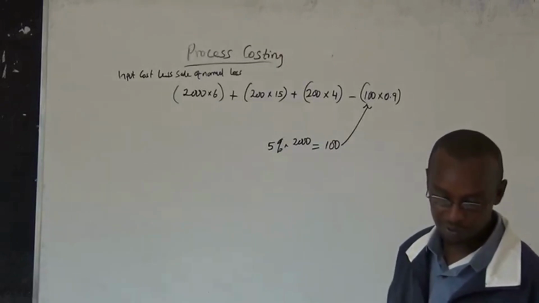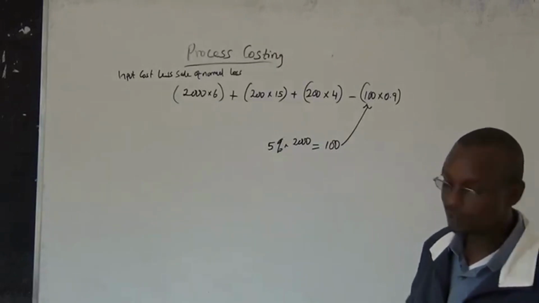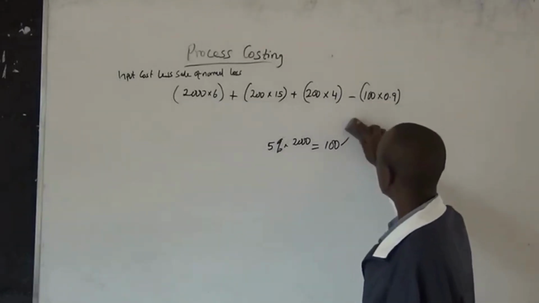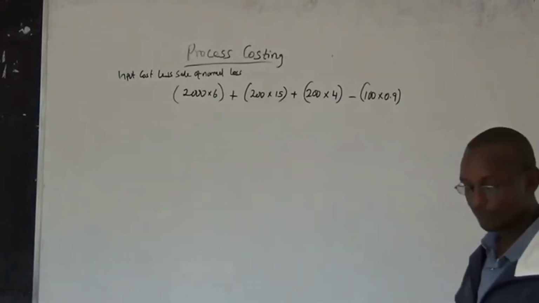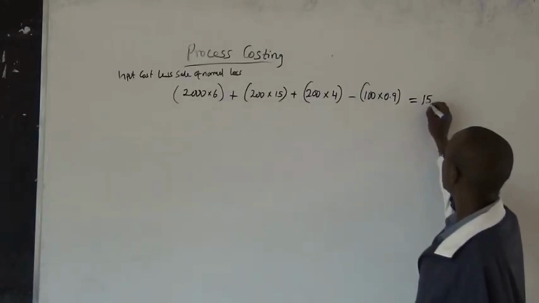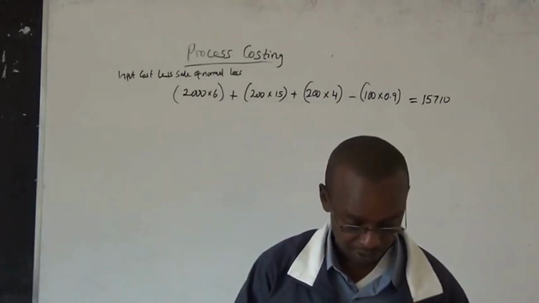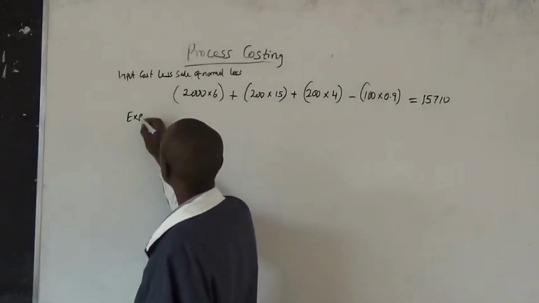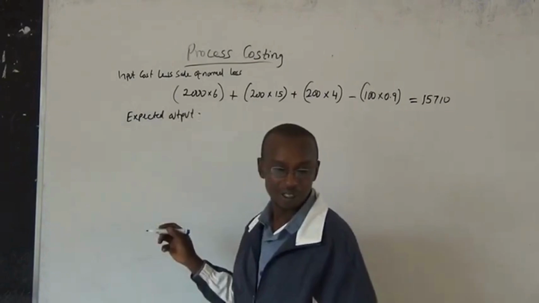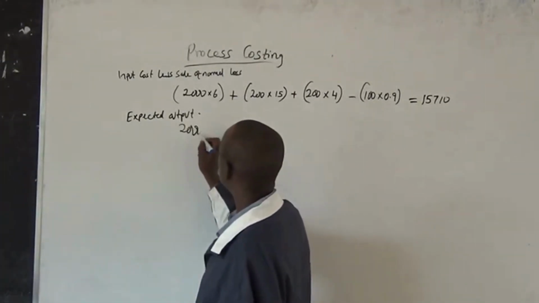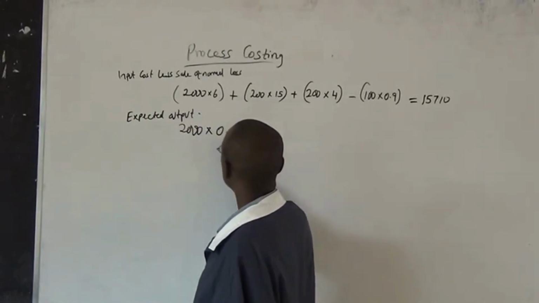Then you have 1,800 units were produced. So how much is this? 710. Then expected output: 2,000 units times 0.95.